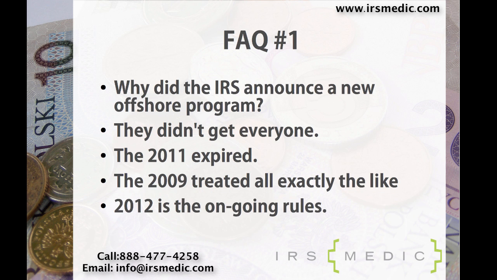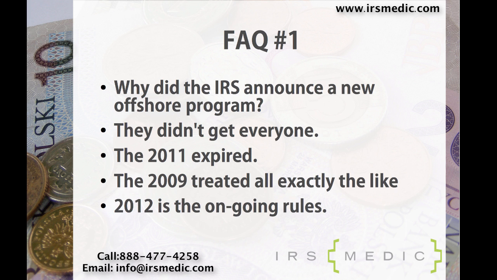Now, let's answer our first FAQ. Why did the IRS announce a new offshore program? This is right from the FAQ on their website. Well, the answer is they didn't get everyone. They know there's a lot of people outstanding out there. And in fact, they have a pretty good idea that a lot of the people who are intentionally evading taxes haven't come forward, and they're rolling the dice.